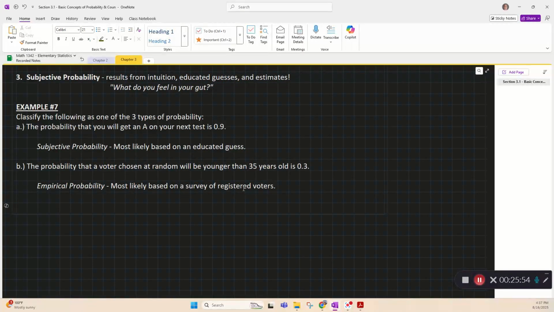Okay, and the third one. The probability of winning a 1,000 ticket raffle if you bought one ticket is 1 out of 1,000.